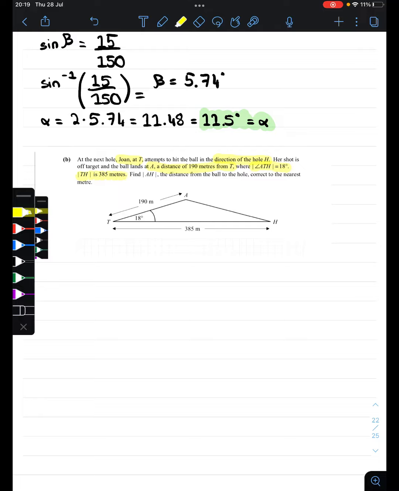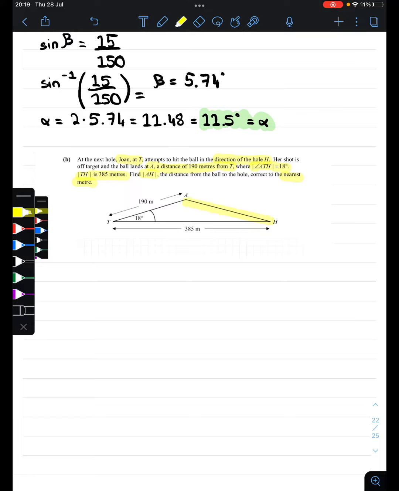TH is 385 meters. Find the distance from A to H, the distance from the ball to the hole, correct to the nearest meter. Okay, so again, the information is getting covered nicely by the diagram, and we are trying to find this length here.